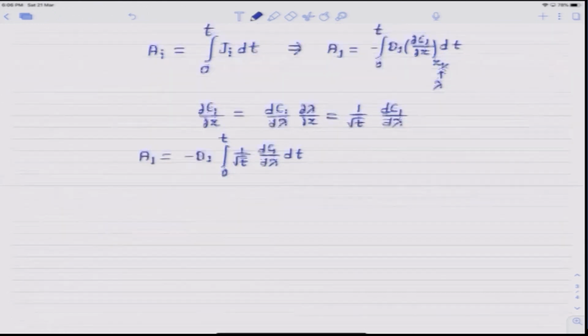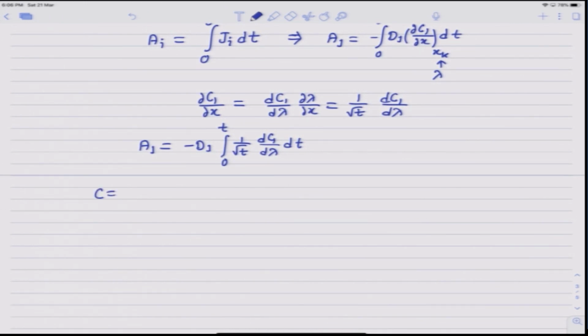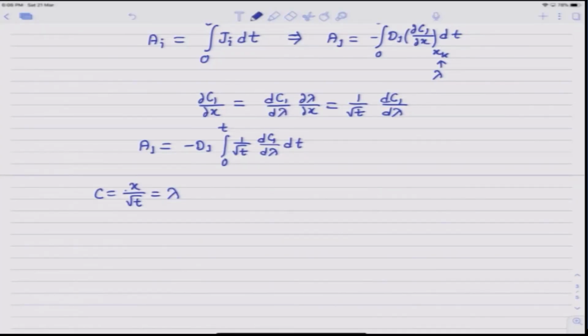Now we know C is a function of x over root t, C is a function of lambda. And so if we convert the C versus distance coordinate x profile into C versus lambda, it should be independent of time, because the lambda takes care of both x and root t, and for a given composition there is a fixed value of lambda.